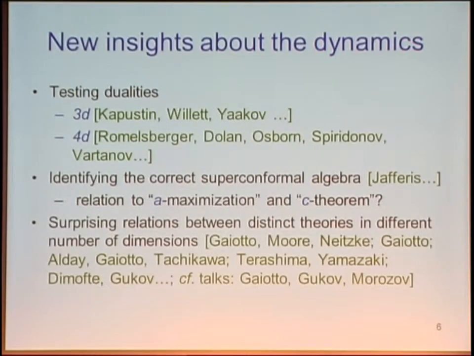There were also surprising relations between distinct theories in different dimensions, starting with the work of Gaiotto, Moore, and Neitzke, then AGT, Alday, Gaiotto, Tachikawa, and then a bunch of recent papers. Every day I check the archive, I realize that I have to add another reference here, because this is a hot topic, and I'm sure we'll hear more about it in Gaiotto's and Gukov's talks, and we heard about it in Morozov's talks.